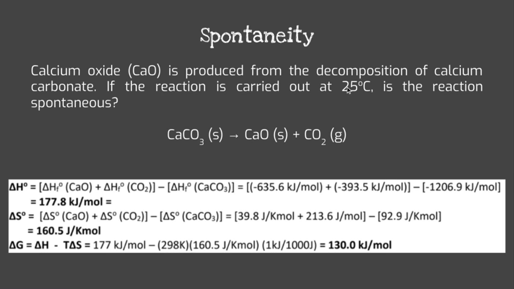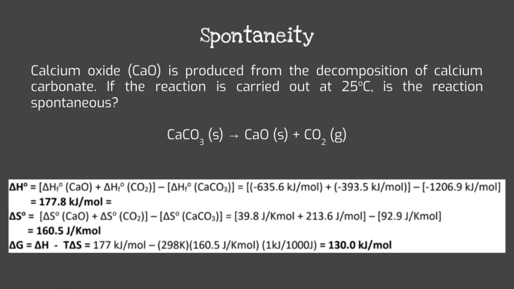So 273 plus 25 is 298 Kelvin. And then by substituting the necessary values, we will get 130 kilojoules per mole. Now, how do we know if it is spontaneous?